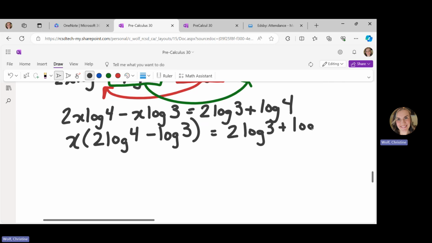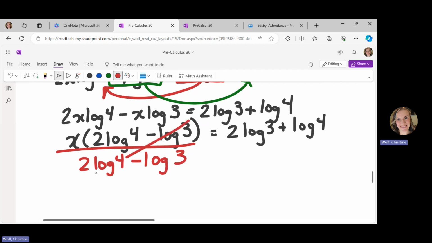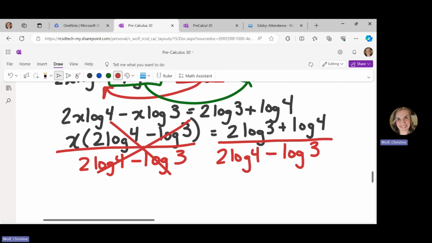And now I want to get x all by itself. So to be able to do that, I'm going to divide off by this giant factor I just found. So that crosses off completely. But if I divide the left side by that whole big ugly thing, I have to divide the right side by that whole big ugly thing.